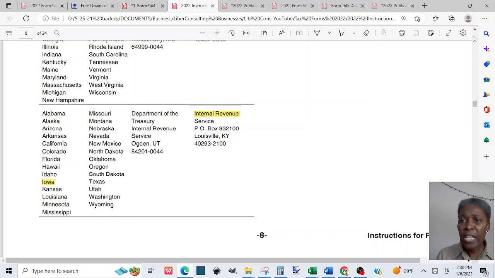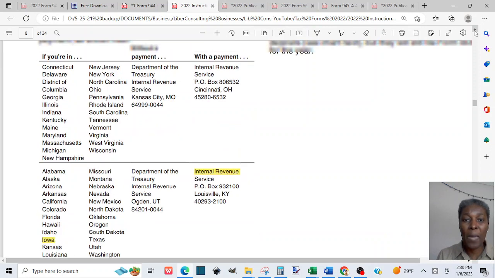So if you choose to make a deposit, and you file Form 944, there won't be a payment included in the envelope. You do not complete Form 944V.